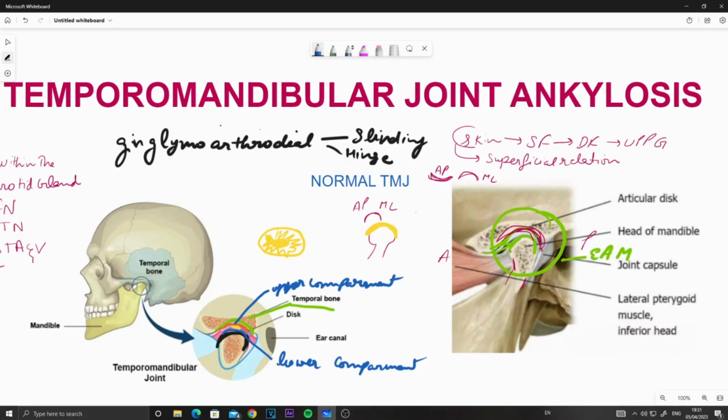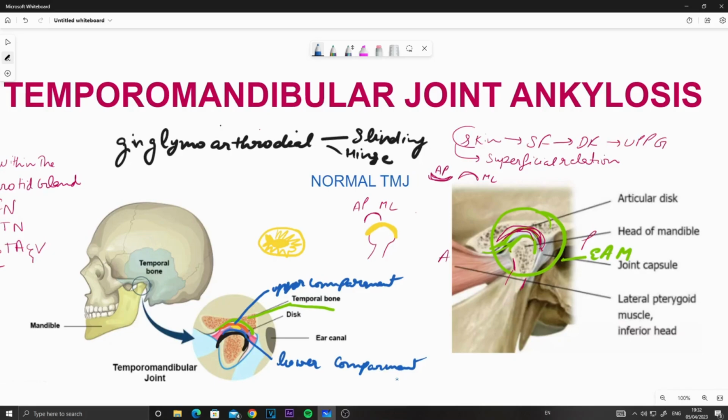The disc in its anterior posterior direction is concave on the undersurface and concavo-convex on the upper surface. It is attached to the tendon of the lateral pterygoid muscle.